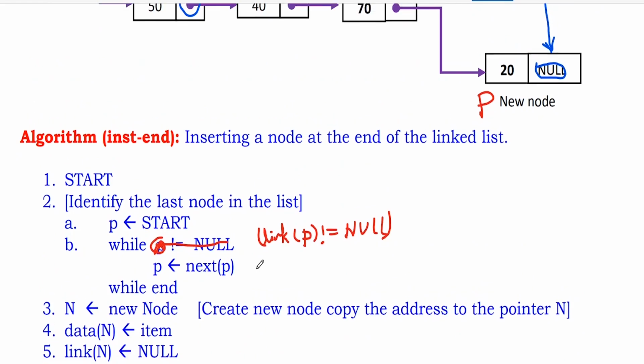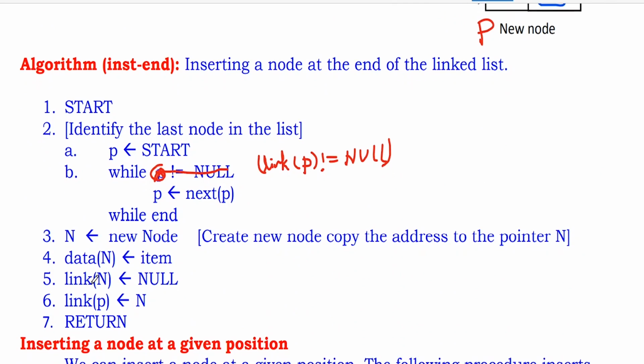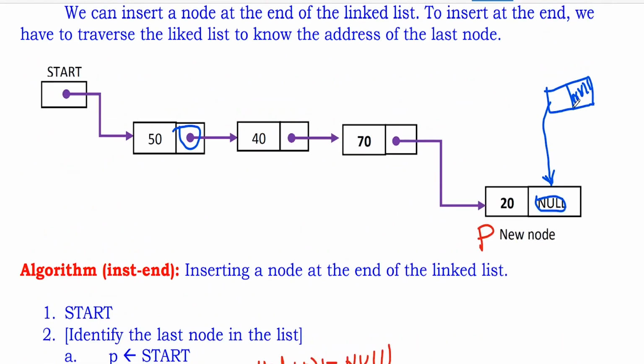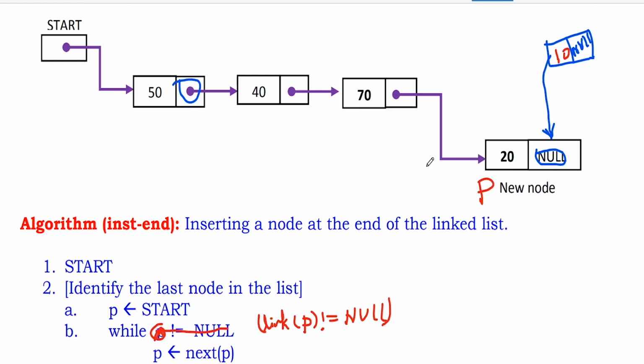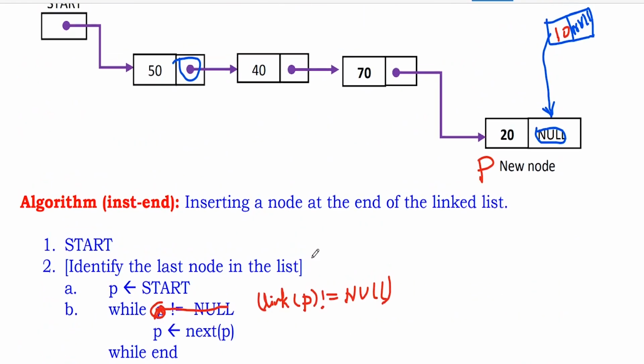I create a new node, which you can see here in blue color, which may have some address. In data of the new node, I enter some number like 10, whatever it is, it doesn't make a difference. Then link of n, the newly created node, I make null.